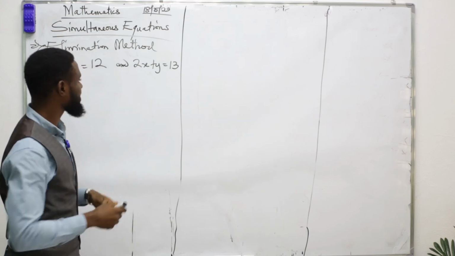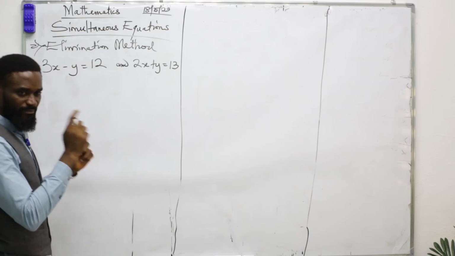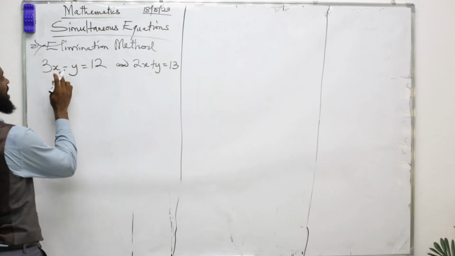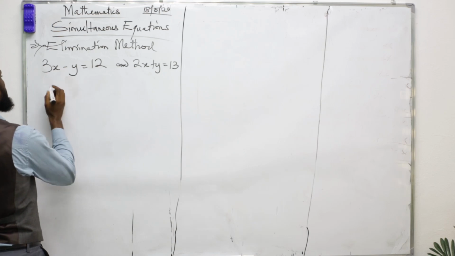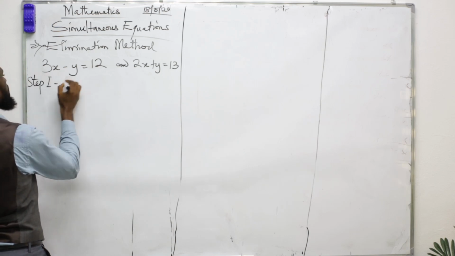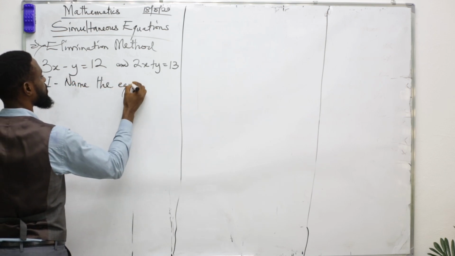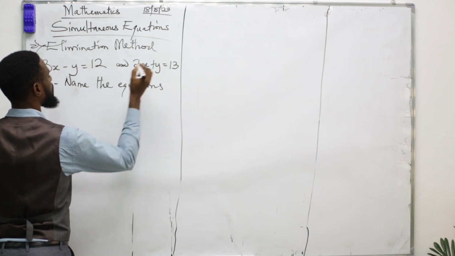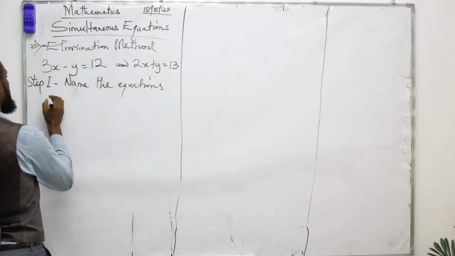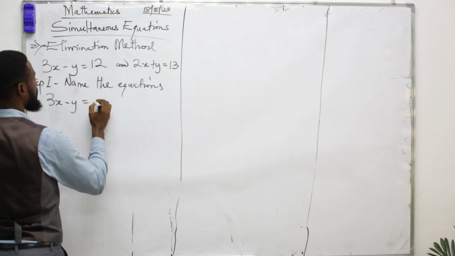But before you do that, the first step in simultaneous equations is to name the equations given. So we are given two equations. Step 1: name the equations. Our equations here are 3x minus y is equal to 12.